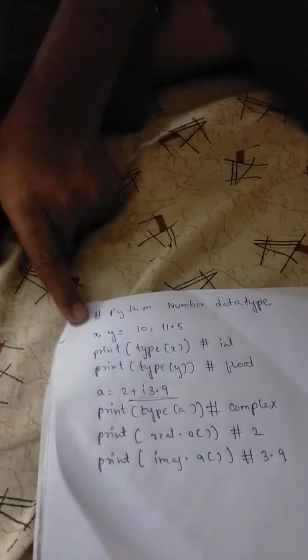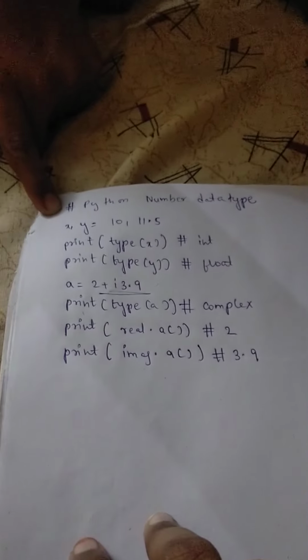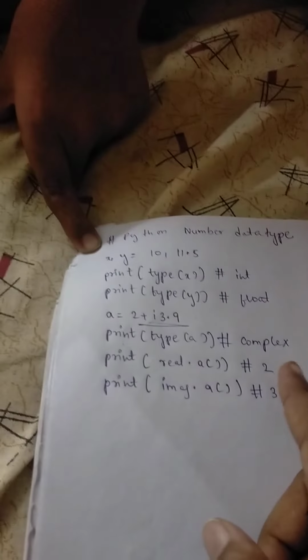In Python we can also use complex numbers. Let us take a complex number a equal to 2 plus 3.9j, and if you want to print the type of a, the type of a is complex.